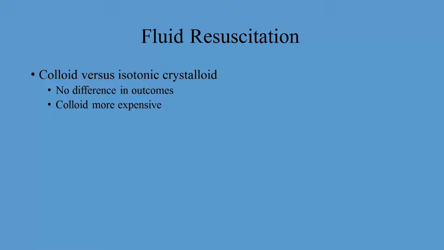Colloid, generally avoid. There's some data that suggests that albumin in sepsis may be beneficial, but it's not very convincing. And there's also data in neurocritical care, particularly head-injured patients, that you probably should avoid colloid in those situations because it may worsen intracranial hypertension.